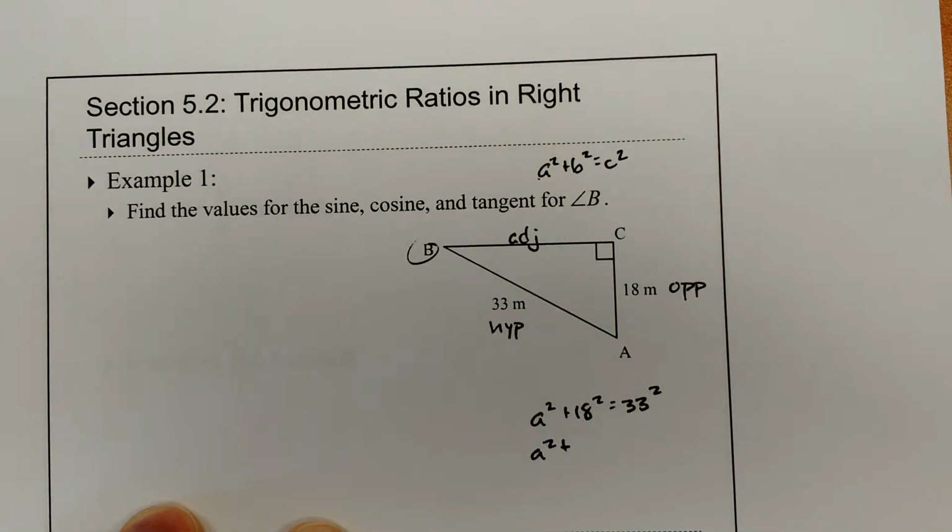A squared plus 324 equals 1089. A squared is 1089 minus 324, or 765, which is not a perfect square.